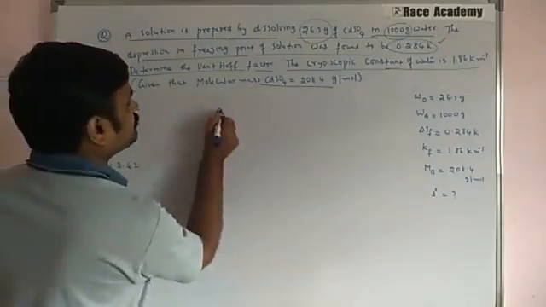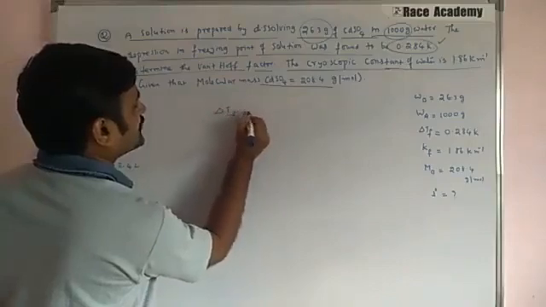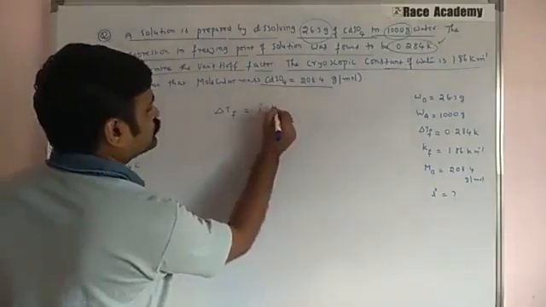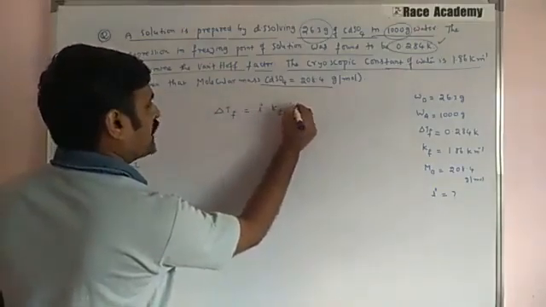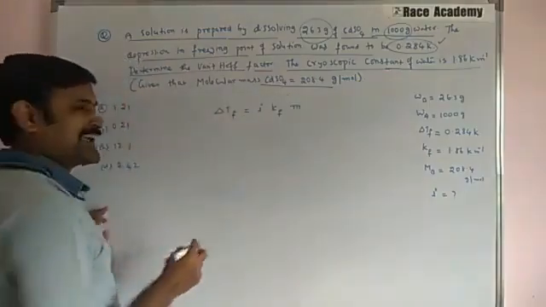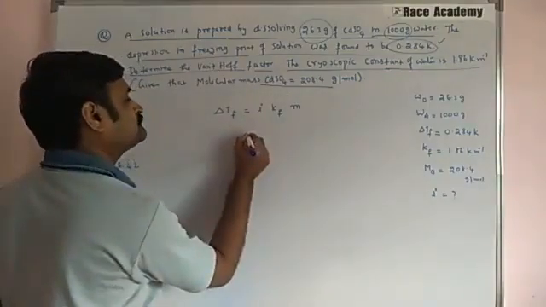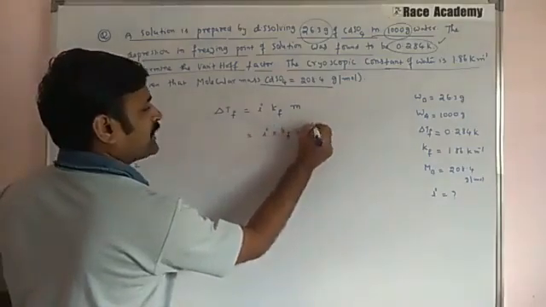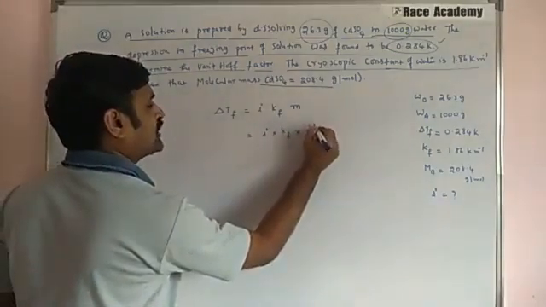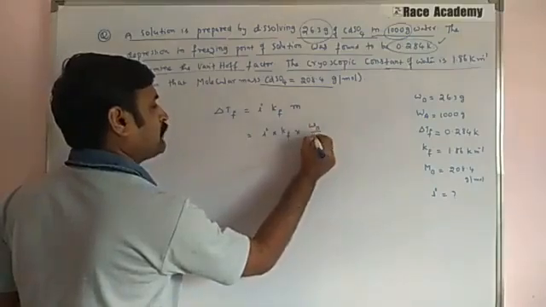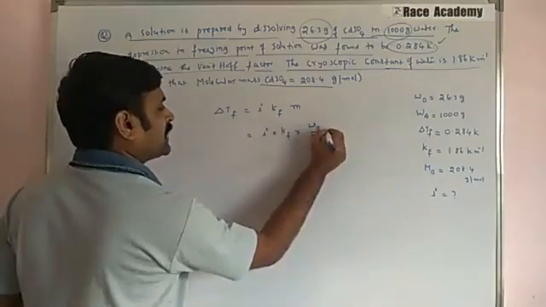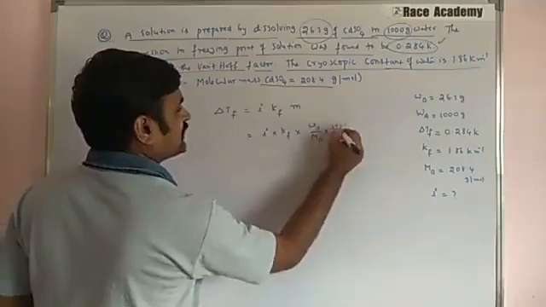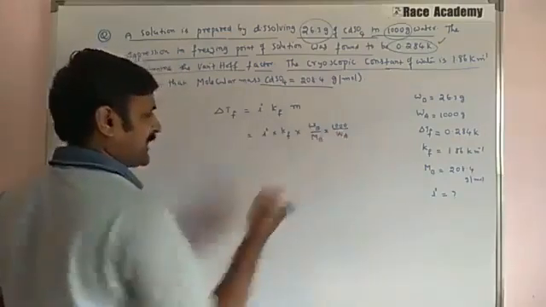We'll use the formula delta TF is equal to I into Kf into molality. Expanding the molality expression, delta TF is equal to I into Kf into the number of moles of solute, WB by MB, into 1000 by the weight of solvent WA.